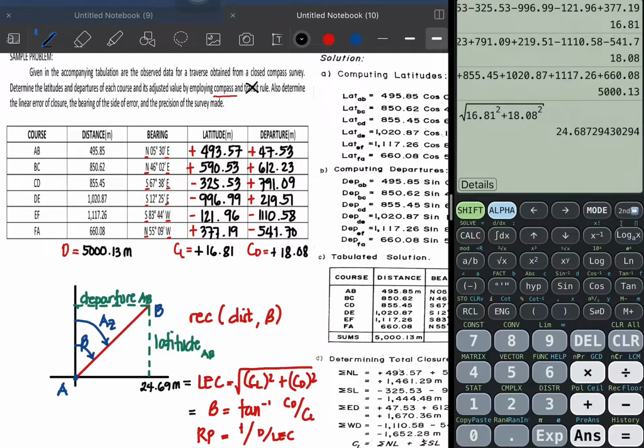And then for the bearing or the angle beta, that is the tangent of CD, which is 18.08 over 16.81.